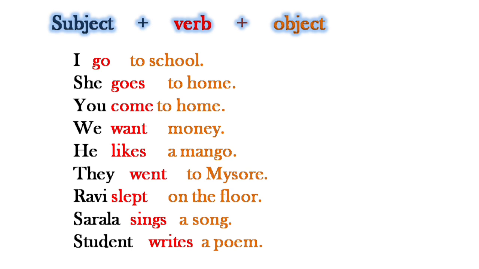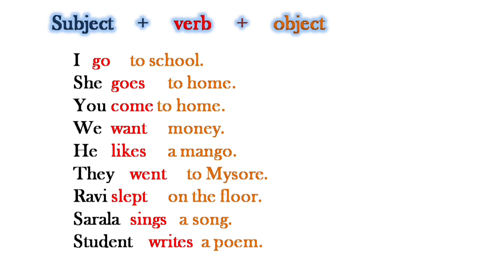Okay, he went Bangalore, like that. You can use many more subjects here, and with verb and with an object what they are doing, we can construct many more sentences.